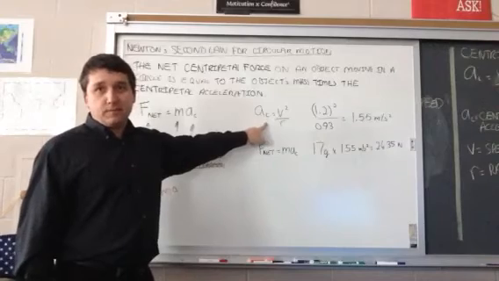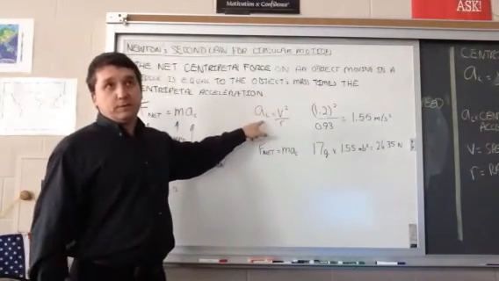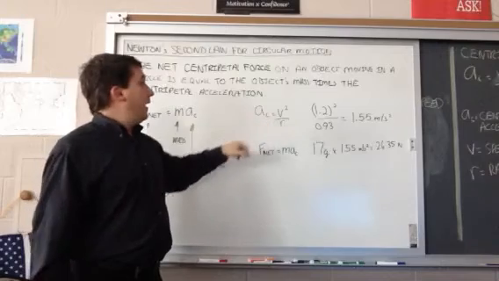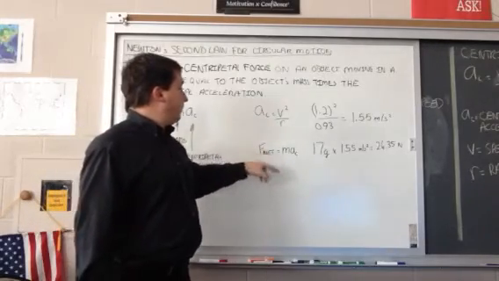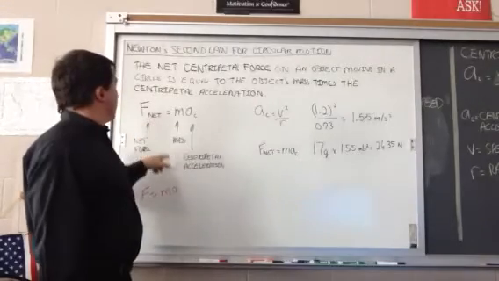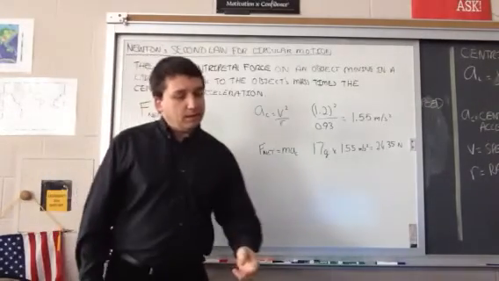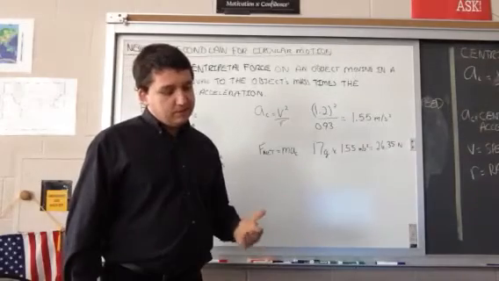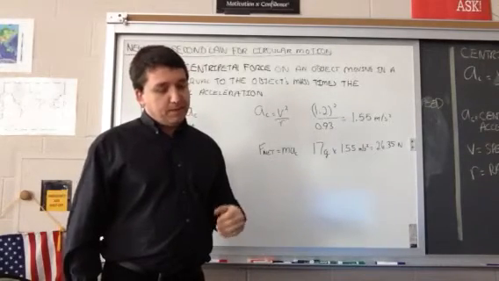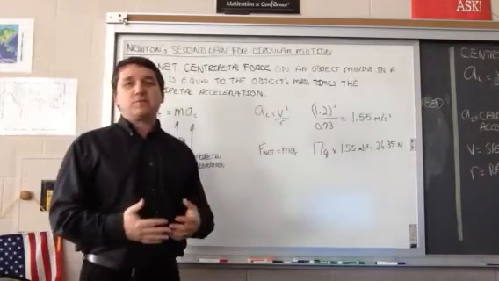Again, figure out centripetal acceleration first, and you saw this formula in a previous video, and then multiply that by the mass using Newton's second law for circular motion. And be sure to answer the question about the relationship between centripetal acceleration and the net force that is exerted by the string on the object.